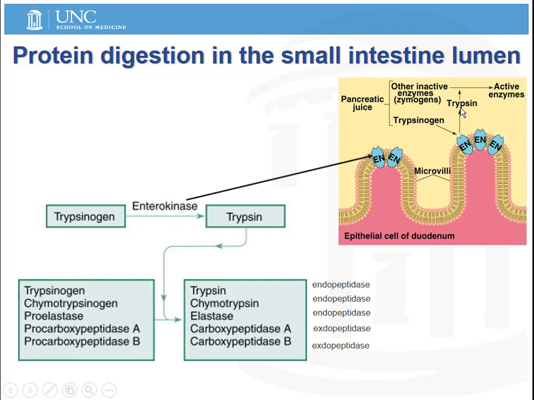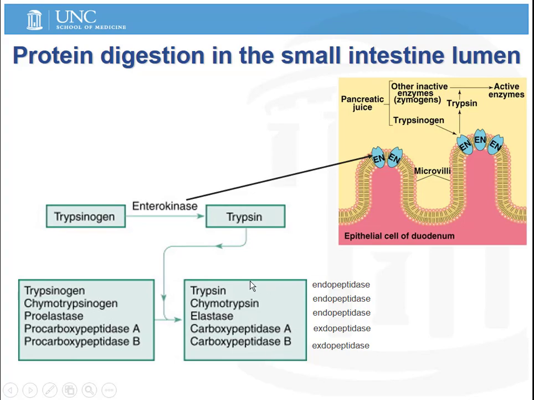Trypsin is then able to autoactivate itself, forming more trypsin, but it also activates the other zymogens. So trypsin is responsible for not only creating more trypsin from trypsinogen, but it's also responsible for creating the active chymotrypsin from inactive chymotrypsinogen, creating elastase from proelastase, and creating these active carboxypeptidases from the procarboxypeptidases.